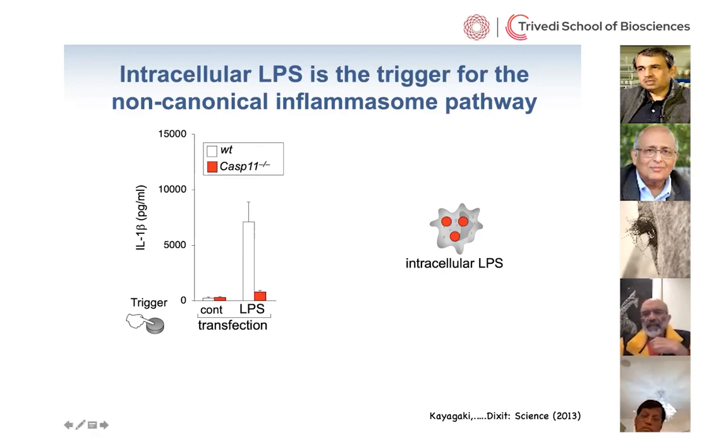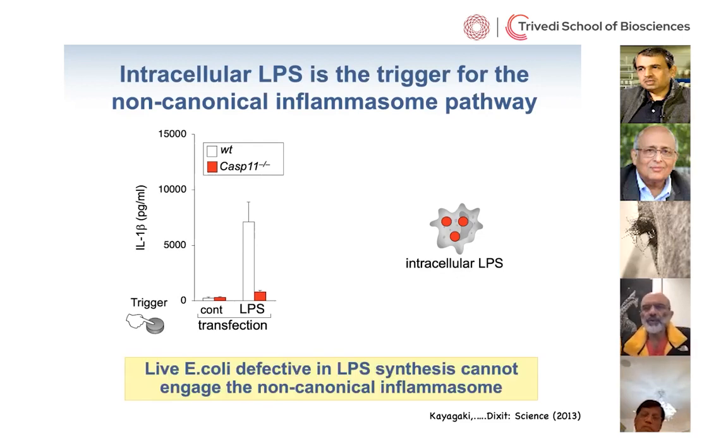Now, this was again published a couple of years later, and I won't go through the details except to say we were able to make a mutant form of E. coli. Because you could ask yourself, how do you know it's only LPS? It could be other things in the gram-negative organism. After all, there are thousands of things that can engage the inflammatory pathway. How do you know it's just LPS?